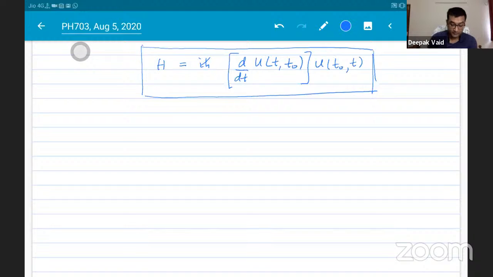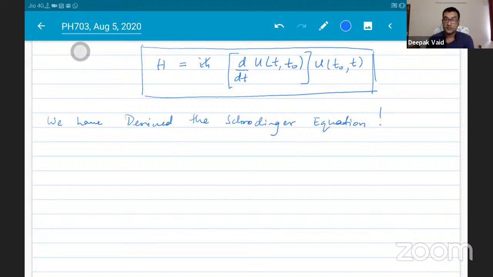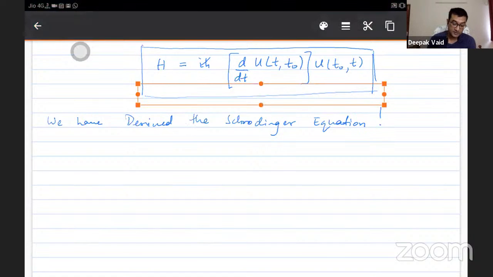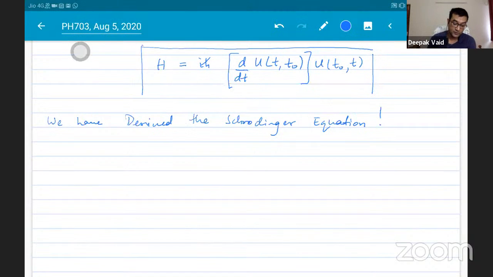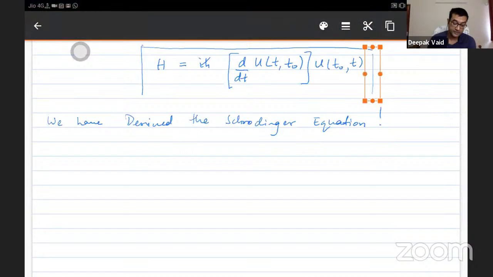So basically we have derived the Schrodinger equation. All right. So in a lot of places you will see people say things like, well, the Schrodinger equation doesn't really have any derivation.